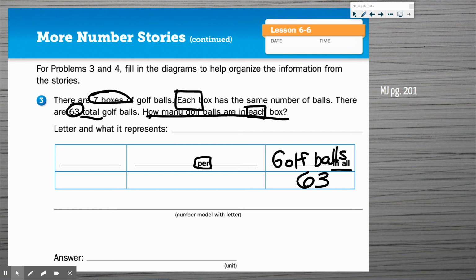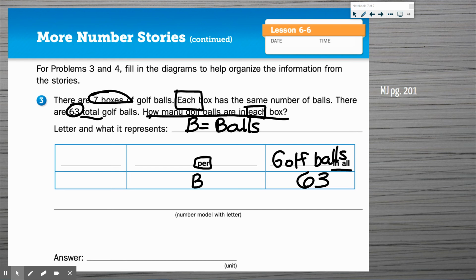Remember, each and per go together. So I'm just going to say B is what we're trying to figure out for the balls. Looking at golf balls. And I don't know what this is. This is what I'm trying to figure out.